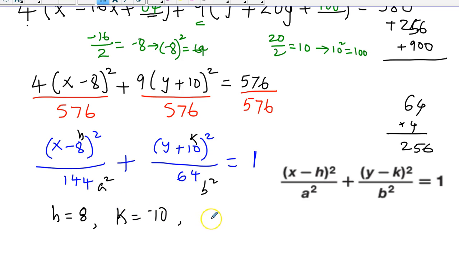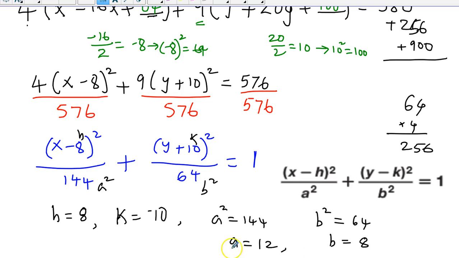And a square is 144, so a is equal to 12. And b square is 64, that gives me b equal to square root of 64, that is 8.